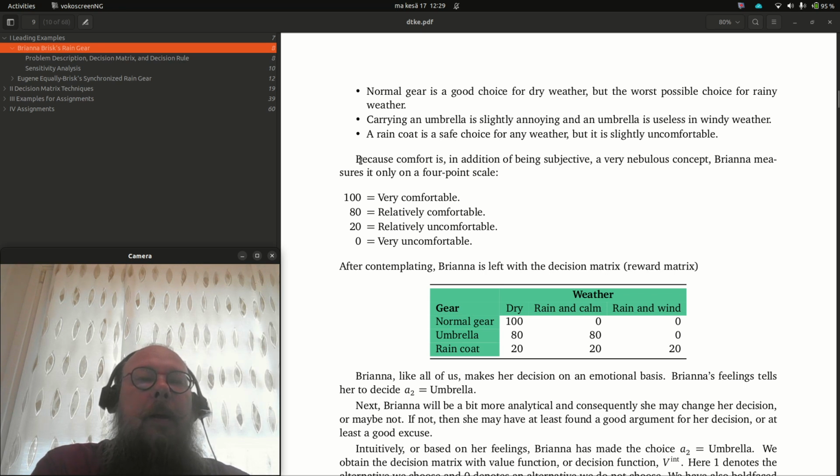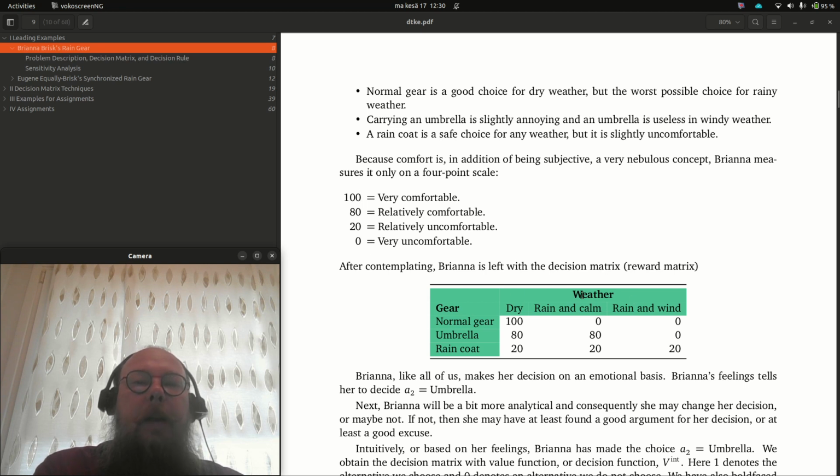And then to assign numerical values to these ideas, Brianna has chosen a 4-point scale on her subjective comfort, whatever that means. 100 is very comfortable, 80 relatively comfortable, 20 relatively uncomfortable, and 0 very uncomfortable. So this is just a scale that has been decided. So it's very subjective, of course, but so is the comfort itself.